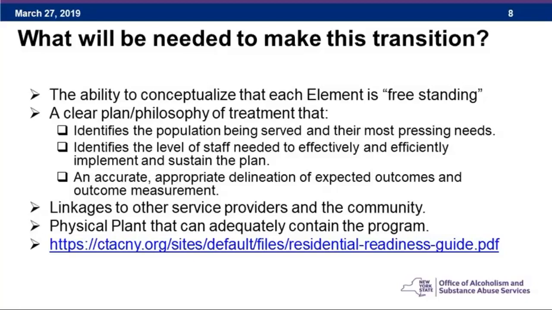So what we're asking providers to do is develop a menu of services to meet the needs of the demographics of the population that you serve, to identify expected outcomes.